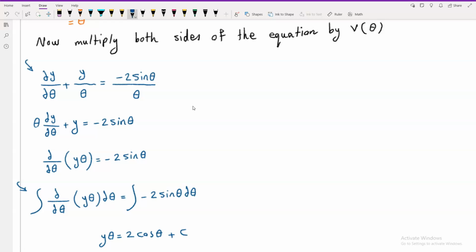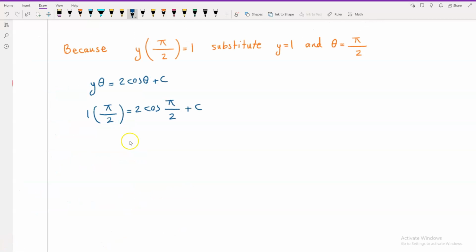Now solve the resulting equation for c using the initial value condition. And so what we have for y of pi over 2, that was equal to 1. This is what was given. So substitute y equal to 1 and theta equal to pi over 2. So what we had from last step, y theta equal to 2 cosine theta plus c.